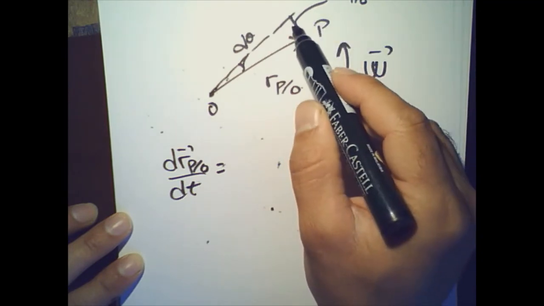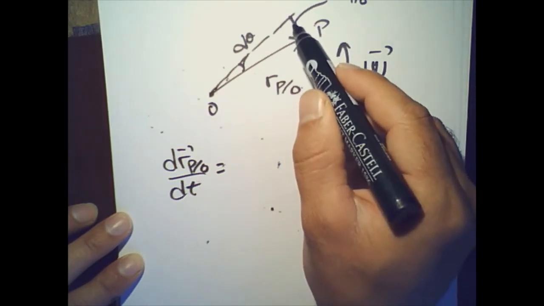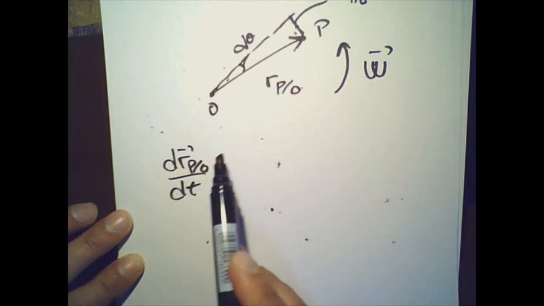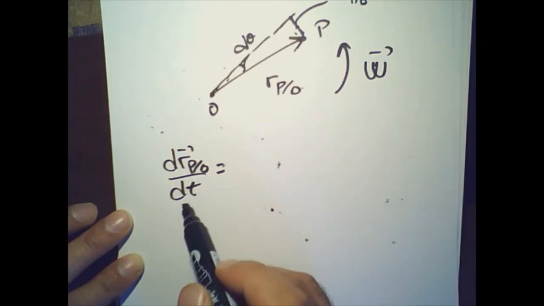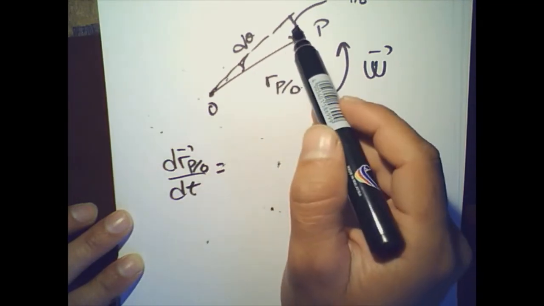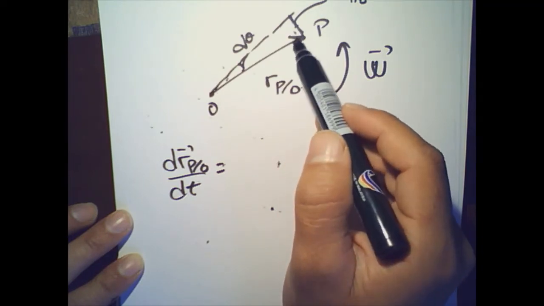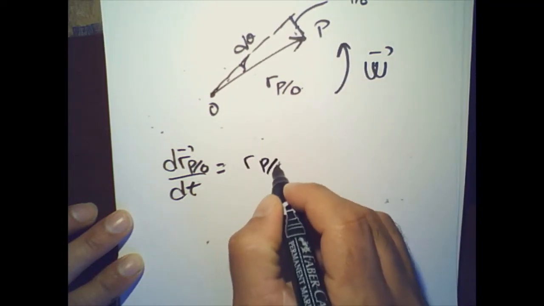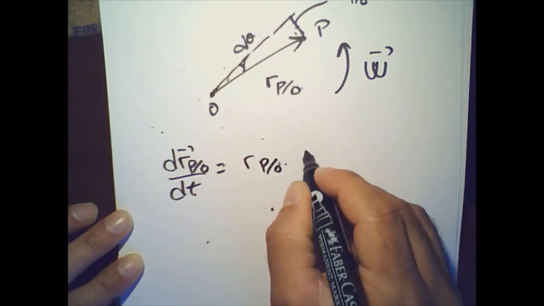If you want to get the actual velocity, you are going to differentiate that length with respect to time, right? And again here, not only do we need the velocity, we also need the direction. So drpo/dt is going to be equal to, what is the derivative of this length? This length is going to be RPO times d theta. So derivative of this is going to be RPO, right, d theta over dt, which is theta prime.